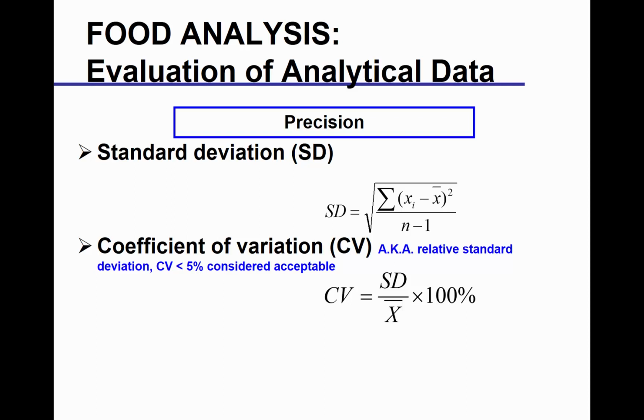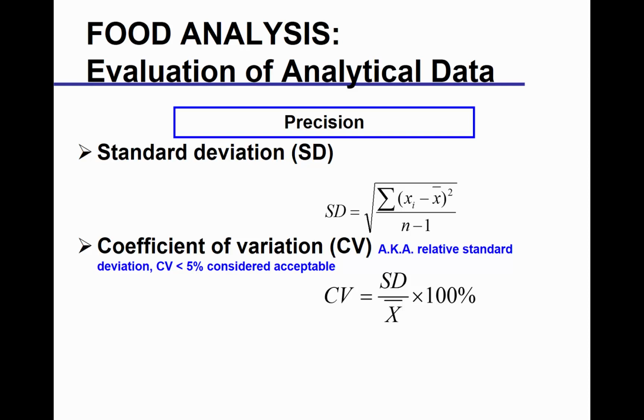So let's say we analyzed this, and it gave me, in flour, 12% protein. We're looking at protein. 12%, and your standard deviation is 1.2, whatever the value is, it would be 1.2%. That's your standard deviation.